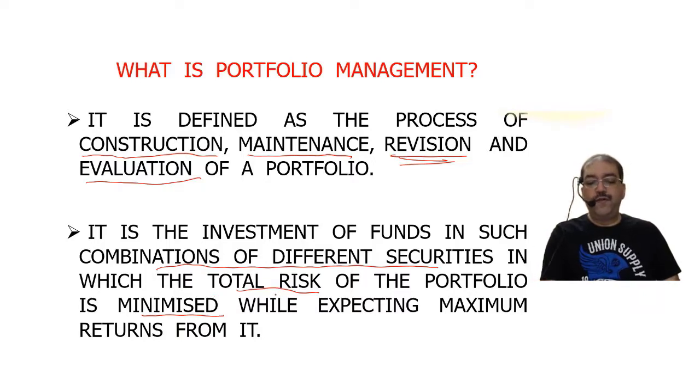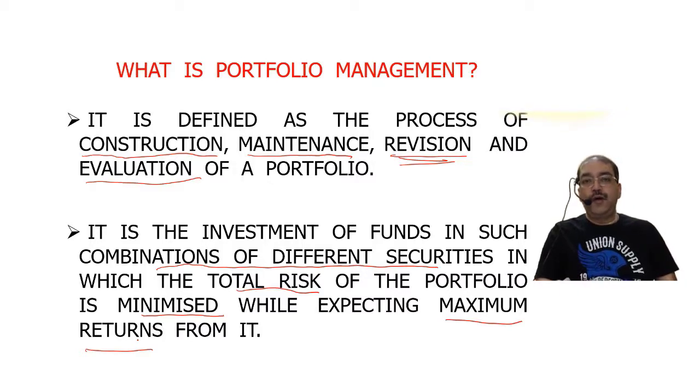So combination of investments where the total risk is minimized and I'm trying to maximize the returns. The returns by way of capital appreciation, the returns by way of dividend, the returns by way of interest. So I'm trying to minimize the risk and maximize the returns.